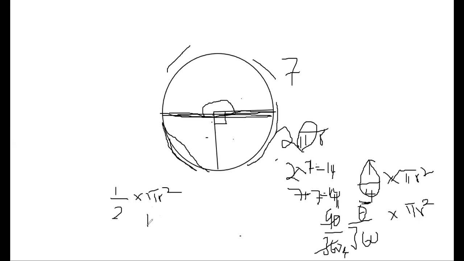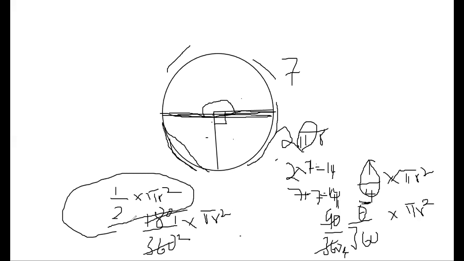That is 180 degrees over 360 degrees times pi r squared. 180 over 360 will give you 1/2. And that will land us with this formula, half pi r squared. That's for semicircle. This is for a quadrant or a quarter of a circle. Then pi r squared is for the full circle.